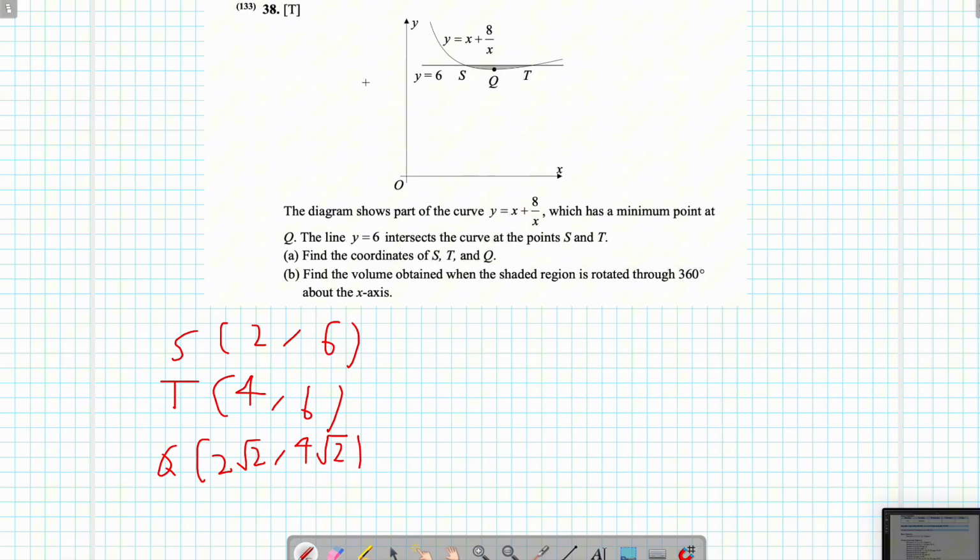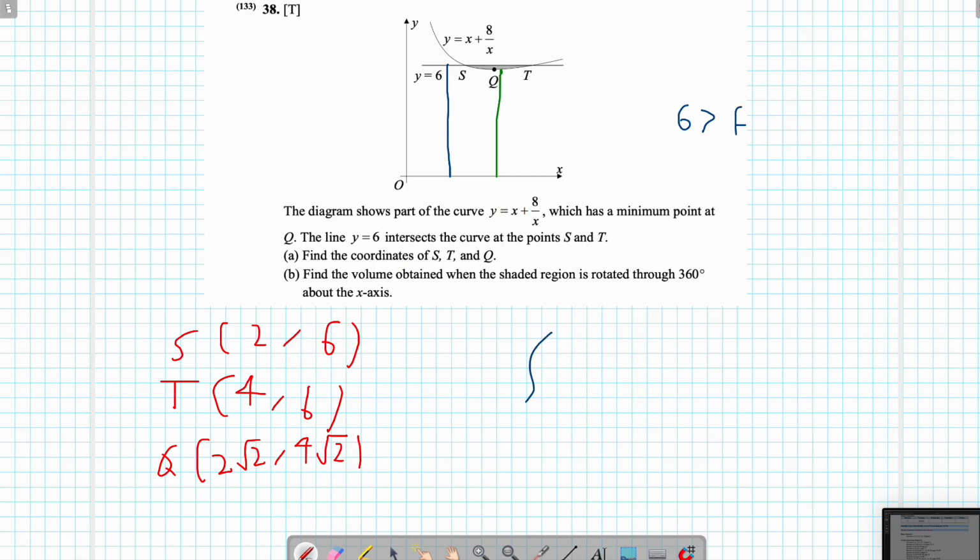So let's just take it in blue. This is how far it is from the line, and this is how far it is from the curve. There is not that much of a difference, but it's obvious that the line, so 6, is greater than, I'll just write f, the function.